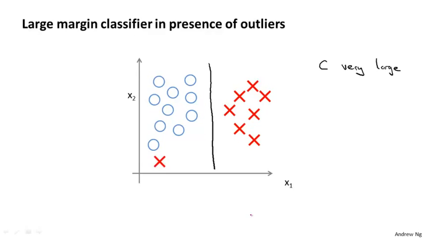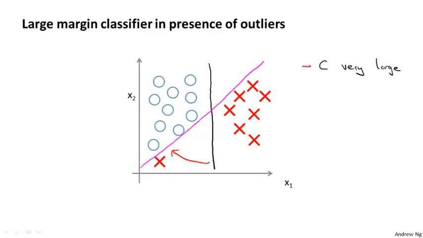If you add one example, then it seems as if to separate the data with a large margin, maybe I'll end up learning a decision boundary like that, right? That is the magenta line. And it's really not clear that based on a single outlier, a single example, it's such a good idea to change my decision boundary from the black one over to the magenta one.